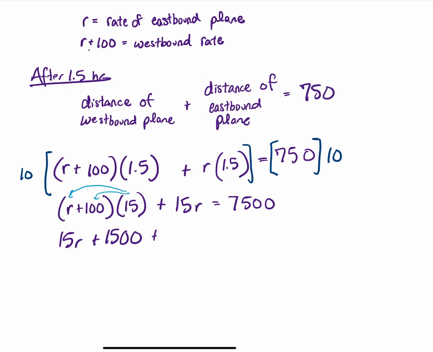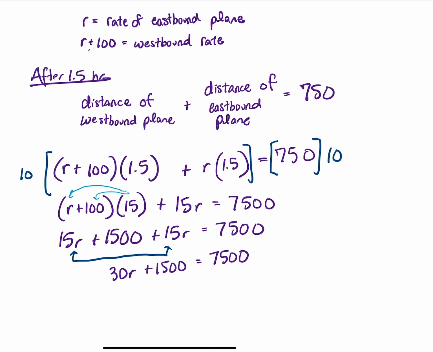Then we have plus another 15r equals 7500. We have two like terms, the 15r and the 15r. So let's add those together. That'll give us 30r plus 1500 equals 7500.